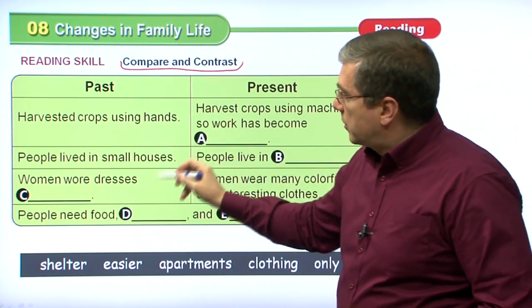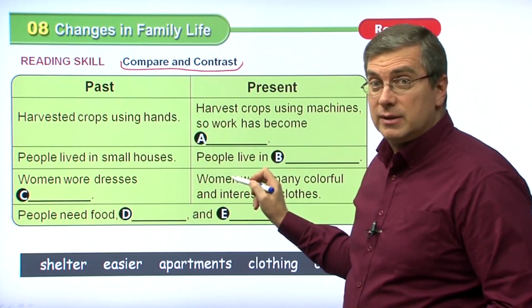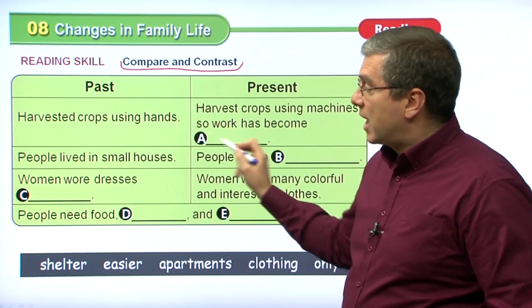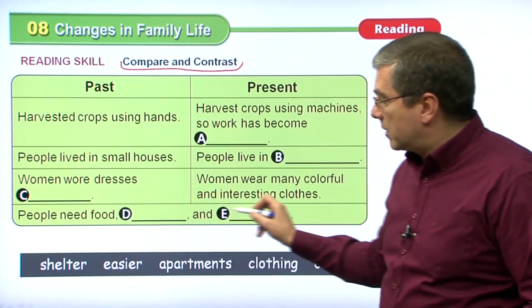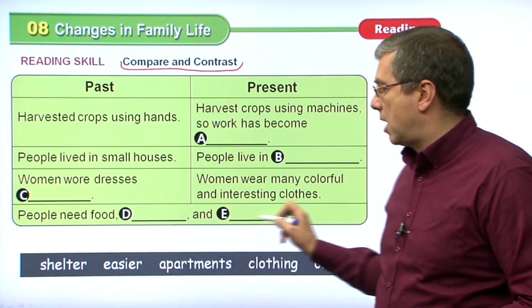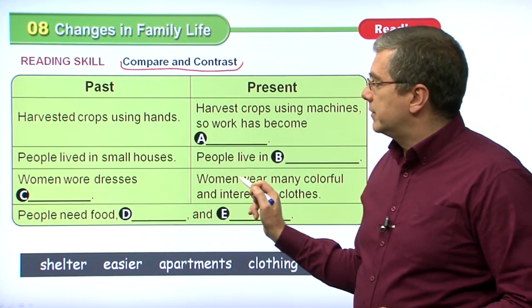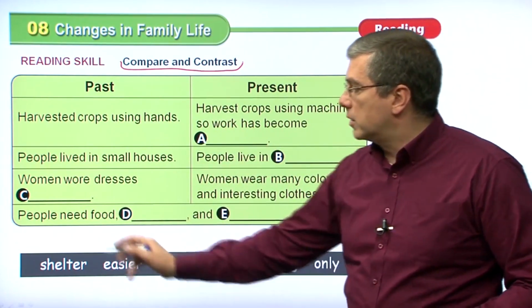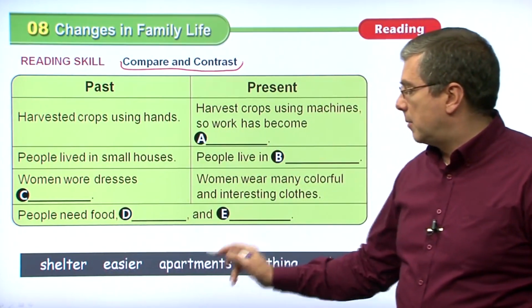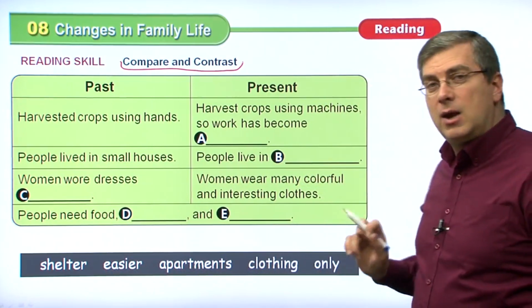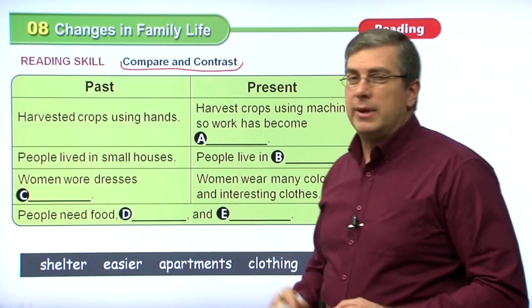We have 1, 2, 3 things that are different, that we contrast, and one thing down here that is similar that we can compare, right? So let's take a look at these. We need to fill in the details with these words down here. Our words are shelter, easier, apartments, clothing, and only. Let's see how they are different.